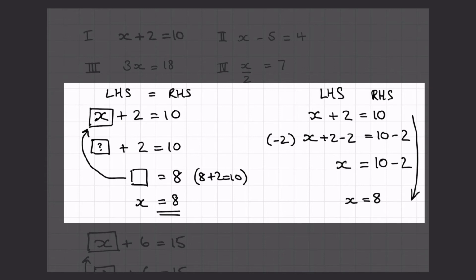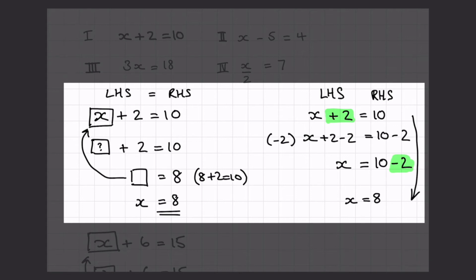Have a quick look here. I'm just going to highlight it: we have subtract 2 here, and here's our add 2. The 2 that we started with on the left-hand side of the equation has now gone over to the right-hand side of the equation.